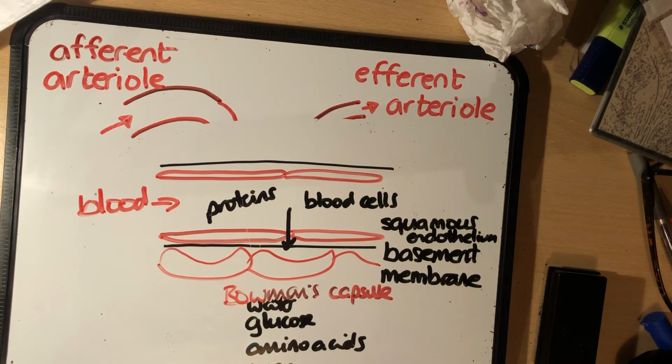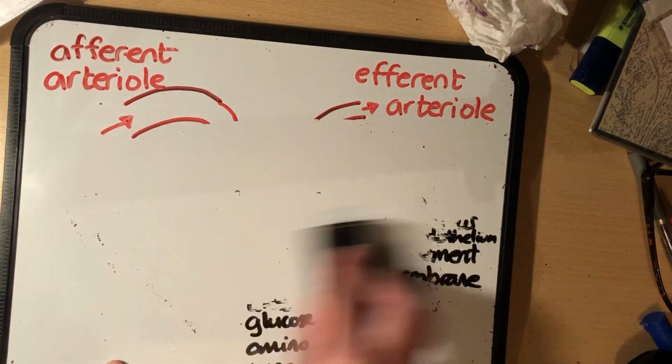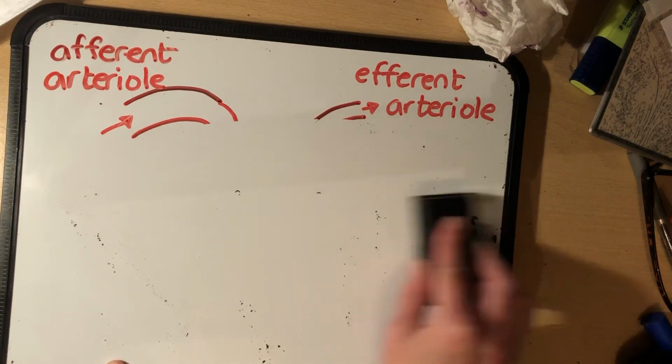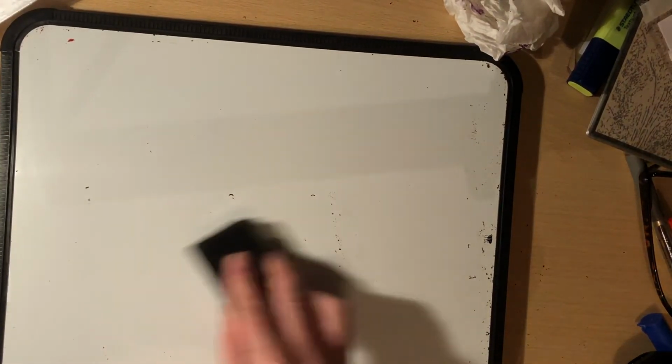Now, we've talked about the really high hydrostatic pressure that you've got. Whenever you were studying lower sixth work, you talked about things like water potential, osmosis and solute potential and so on.